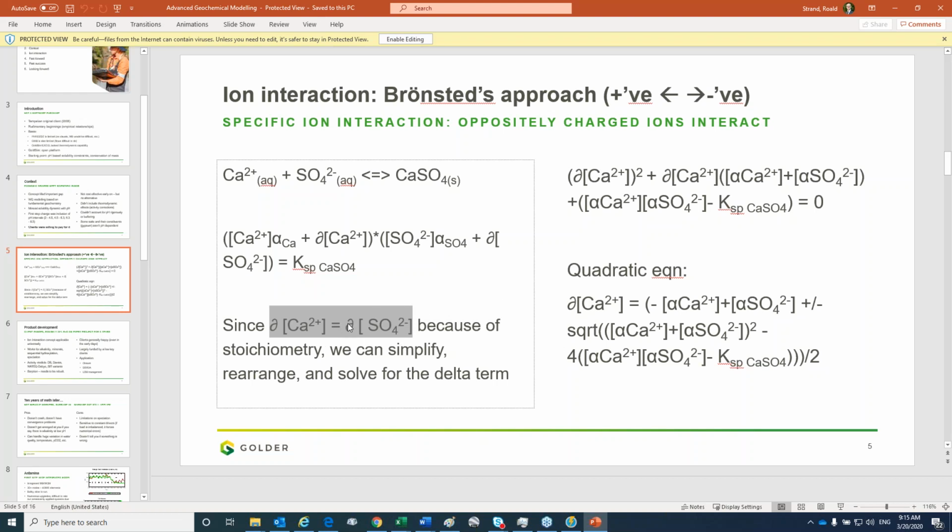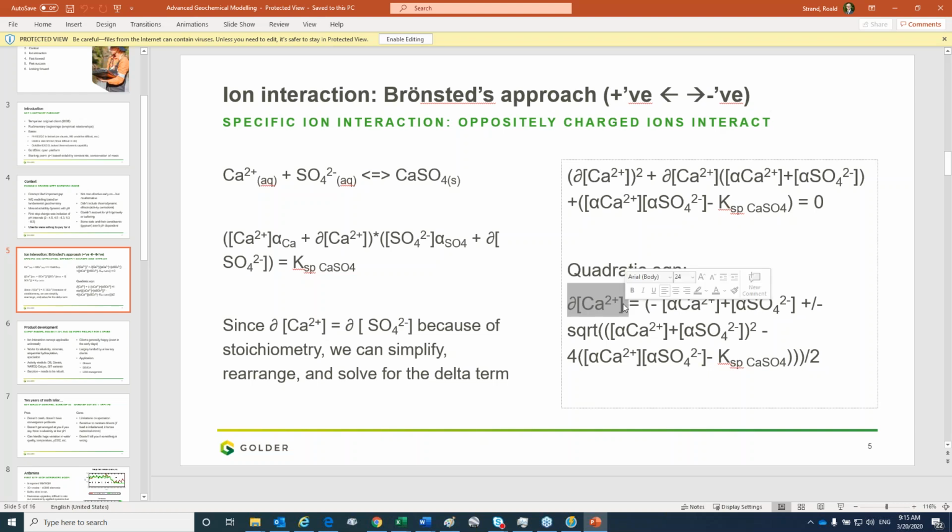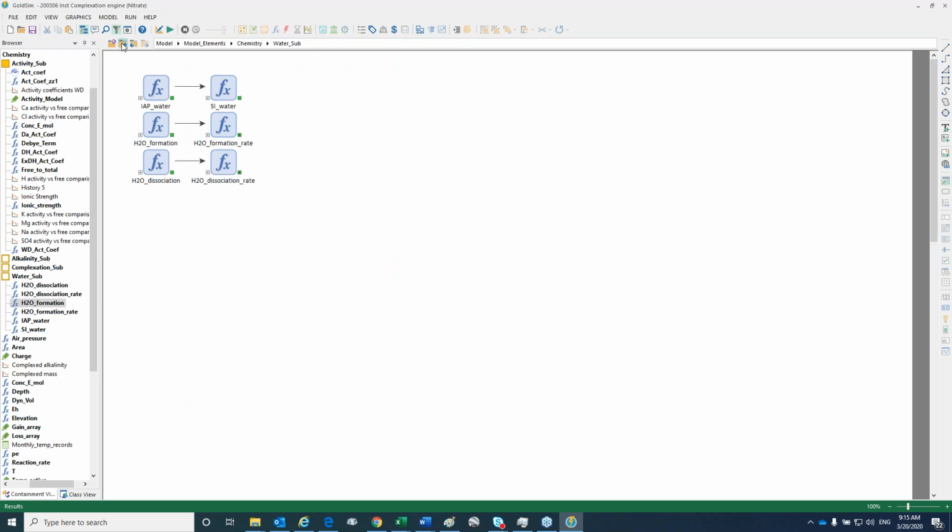What falls out is one equation with one unknown. The unknown is dCA2 plus, and we can solve that using the quadratic equation, and that's basically the nuts and bolts of it. Now we're going to apply that same concept to almost every single interaction that we possibly can, and we'll see how that turns out.